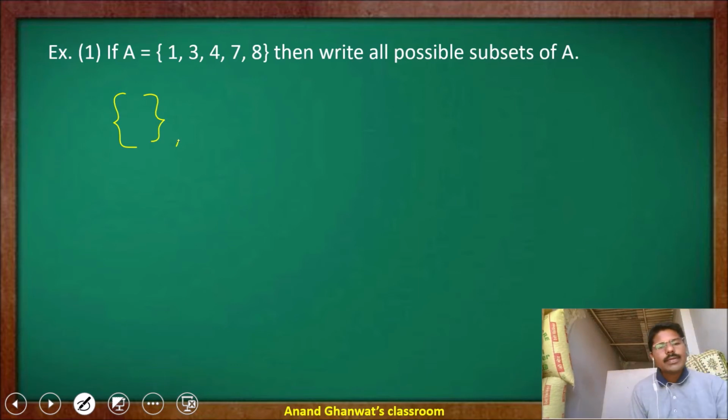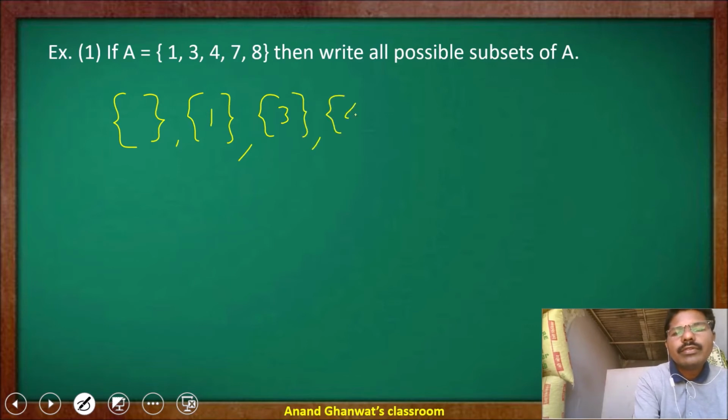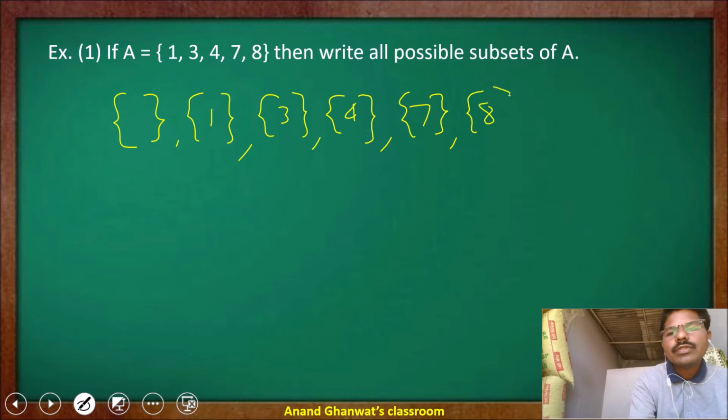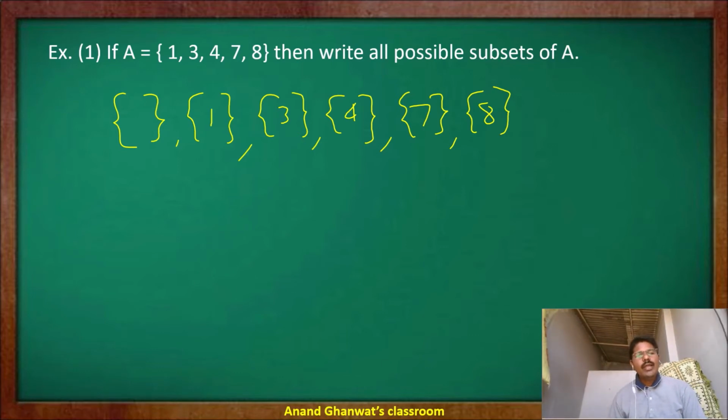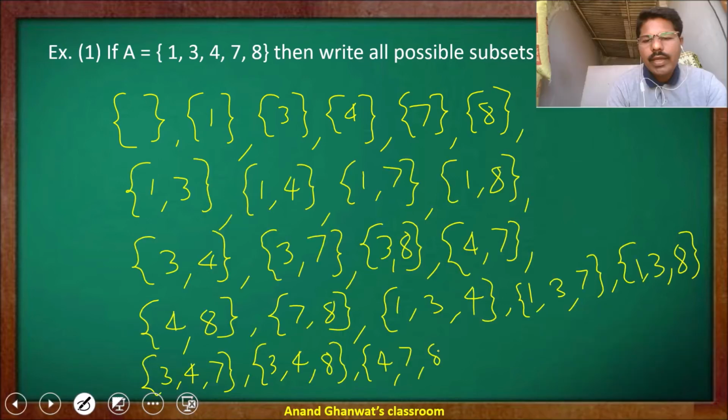Then let us write the sets of element 1, element 3, element 4, element 7, element 8. So firstly we have written the set with no element and then sets with only one element. Now let us write sets with two elements.